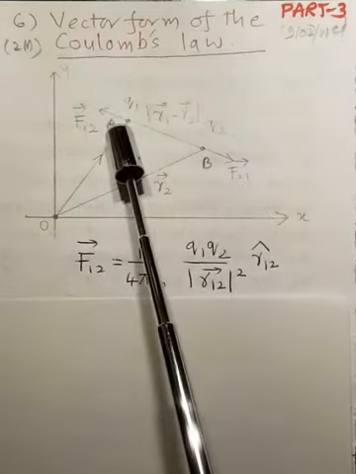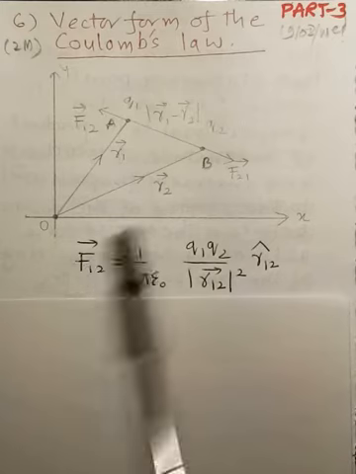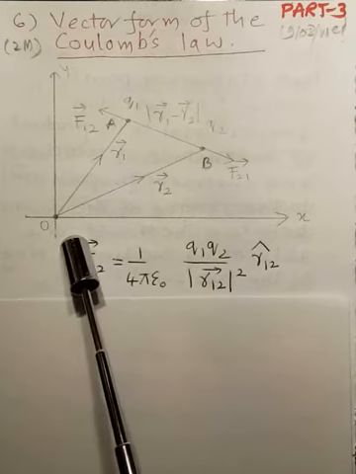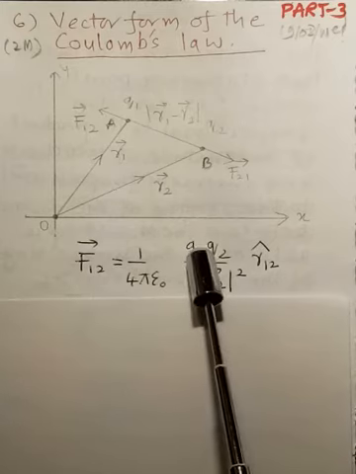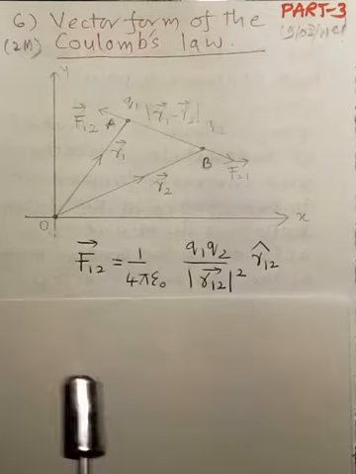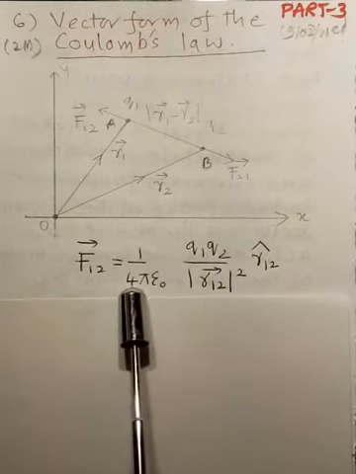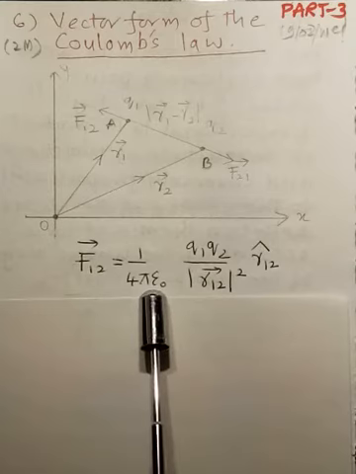You can notice here the F12 vector. According to Coulomb's law, this force is directly proportional to the product of the two charges and inversely proportional to the square of the distance between them. The proportionality constant in the SI system is 1 divided by 4 pi epsilon naught.